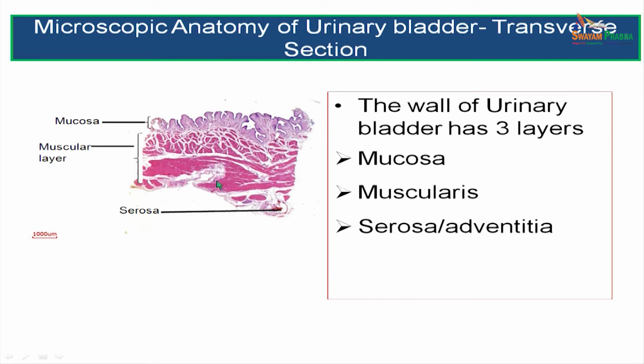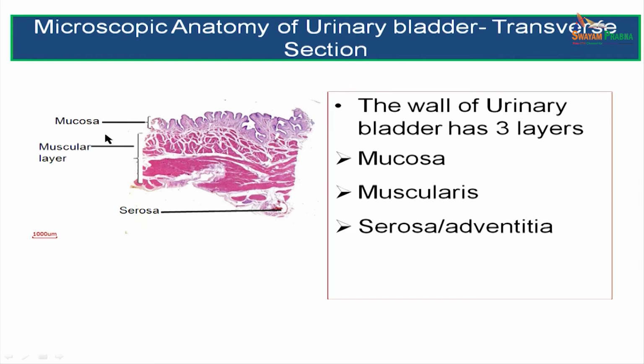Now, we will look at the various layers in the wall of the urinary bladder, the microscopic anatomy of the urinary bladder in a transverse section. The wall of the urinary bladder has three layers.